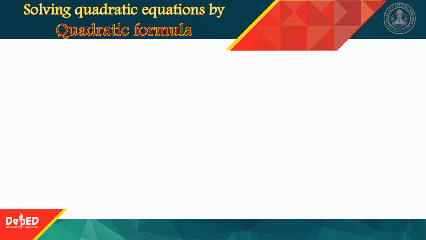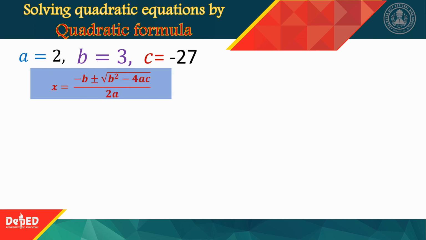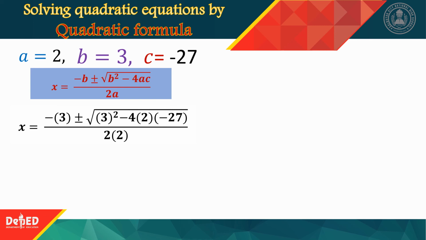Now, using the values of a, b, and c, we need to substitute these to the quadratic formula. So we have x is equal to -3 plus or minus the square root of 3 squared minus 4 times 2 times -27, all over 2 times 2. Then we have x is equal to -3 plus or minus the square root of 9 plus 216 over 4.